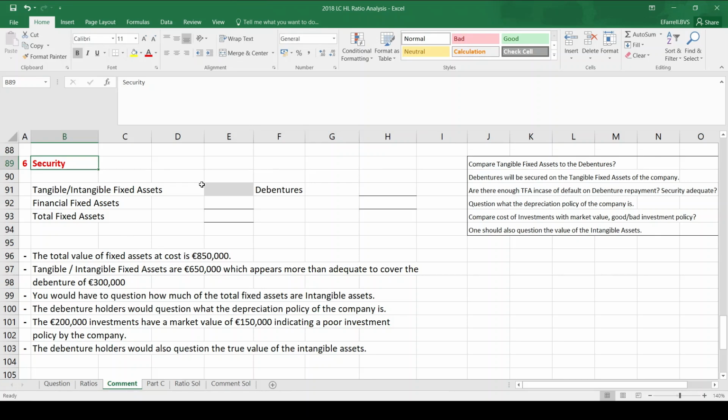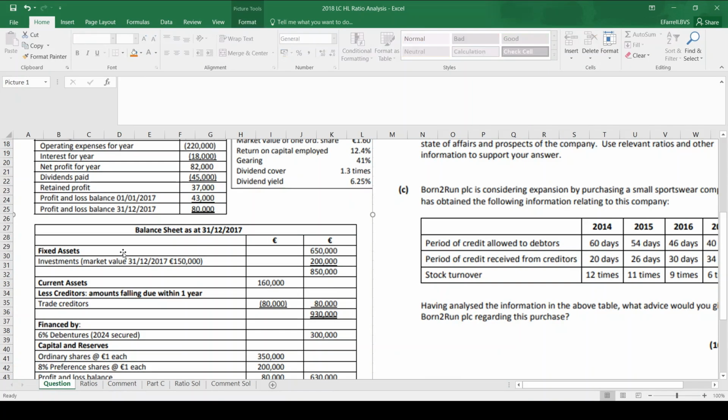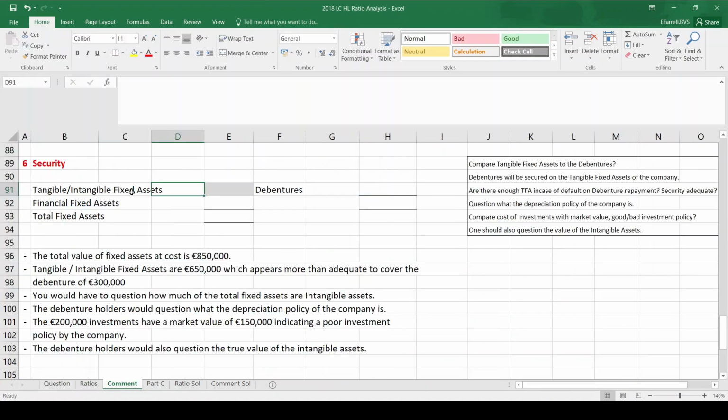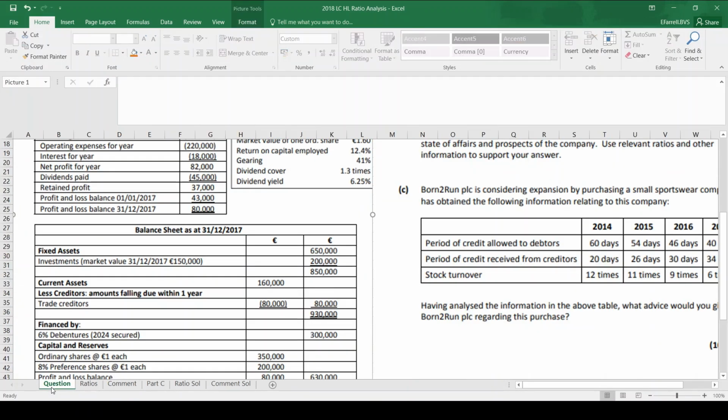So first of all, we're going to look at the assets of the company. From the balance sheet, fixed assets are 650 and investments are 200,000, which makes up the total fixed assets of 850. And how much are our debentures? Our debentures are, as we said, 300,000.